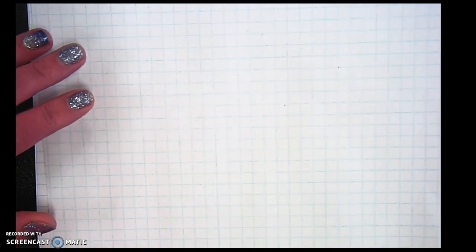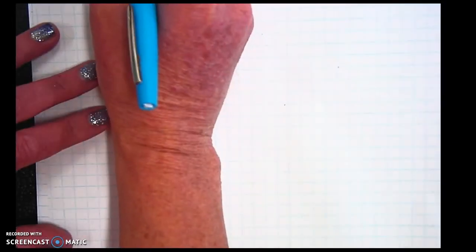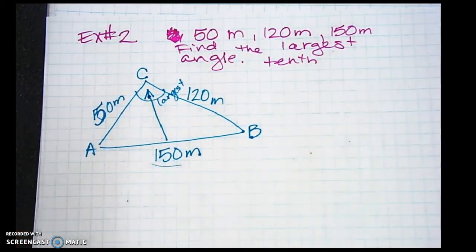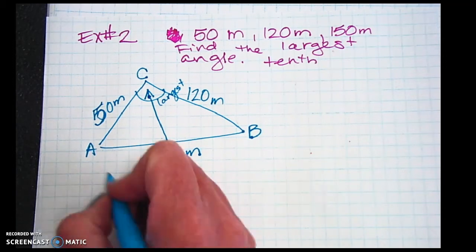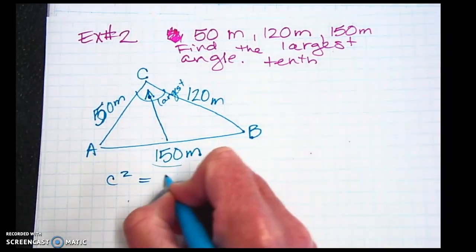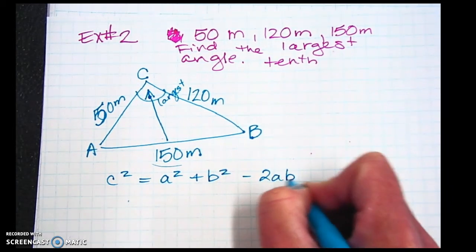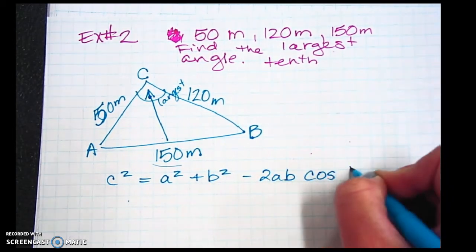We're just getting that angle. So it doesn't matter which one you label, like A, B, C. The three formulas are the same. It's just rotating between the three angles. Okay, so again, we're going to use c squared equals a squared plus b squared minus 2ab times the cosine of c.